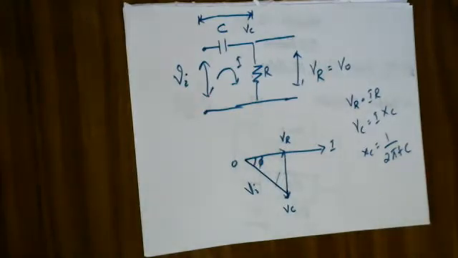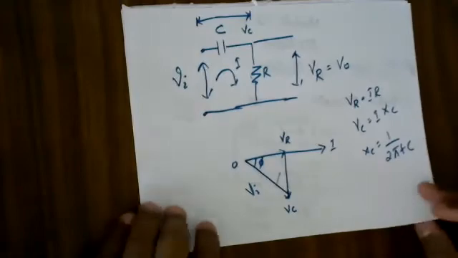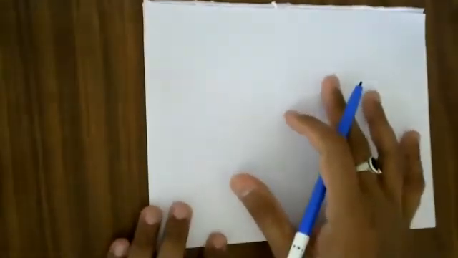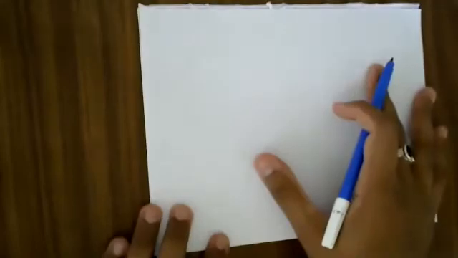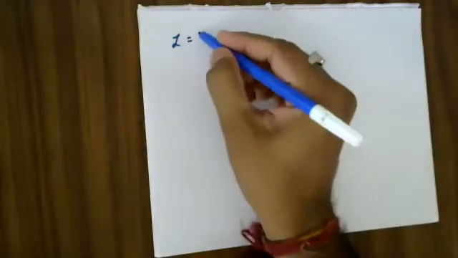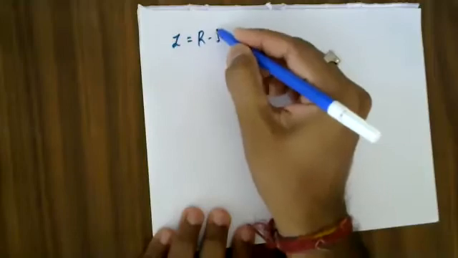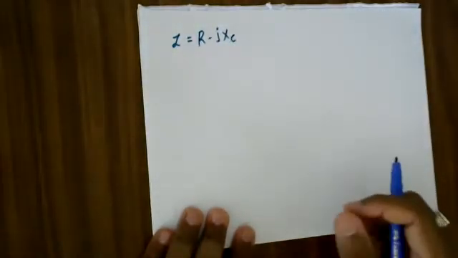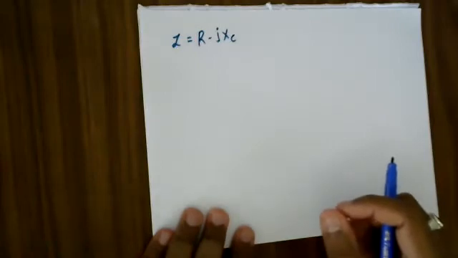Okay, so now from the first fundamentals of this basic RC circuit, if I want to write the equation for impedance, how best can you write it? The impedance Z is equal to R minus j times XC.